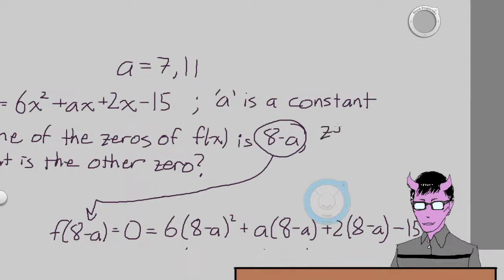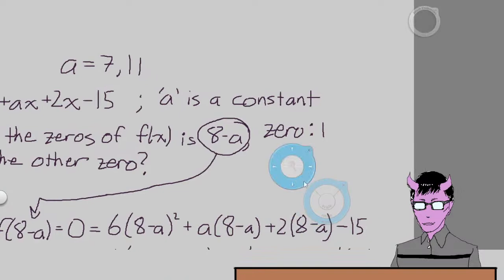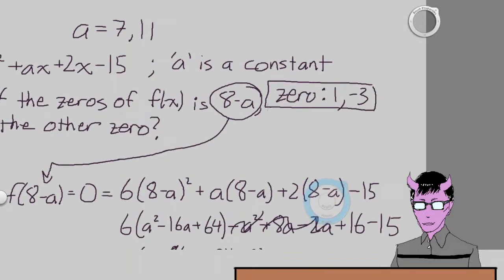So the 0 that we were given, which is 8 minus a, could be 1, because 8 minus 7 is just 1. And that means the other 0, assuming this a value is correct, is 8 minus 11, which is negative 3. So this one could be our scenario. We're going to have to double check that, of course.